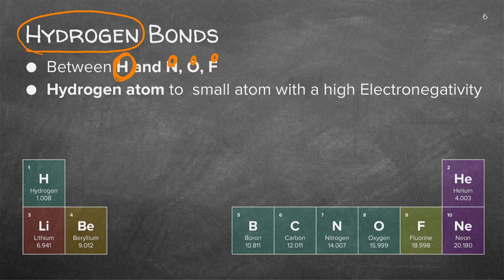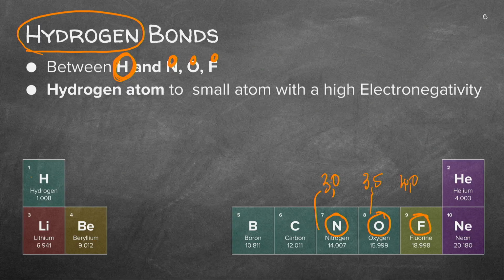Now, if you have a look at your periodic table, you'll see I've got nitrogen there, oxygen there, and fluorine there. The electronegativity of nitrogen is 3, oxygen is 3.5, fluorine is 4.